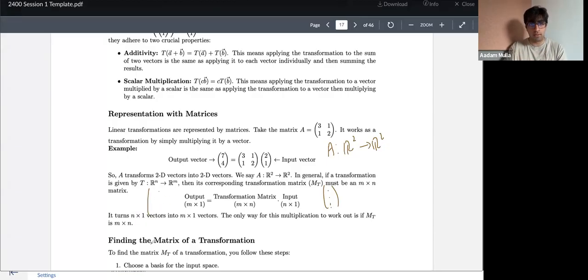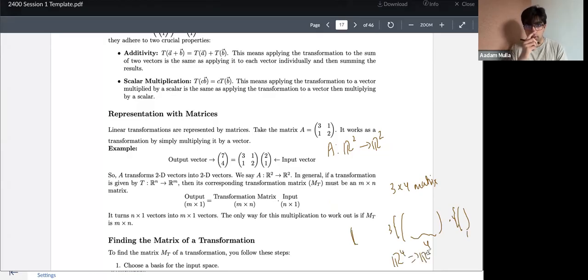For example, if I have a 3 by 4 matrix, you're going to have 3 here and 4 here. So it's going to take in a 4 by 1 vector and output a 3 by 1 vector. So it's going to go from R4 to R3. You can see that here: it takes in an n-dimensional vector, multiplies it, and you end up with an m-dimensional vector. That's a good trick to know.